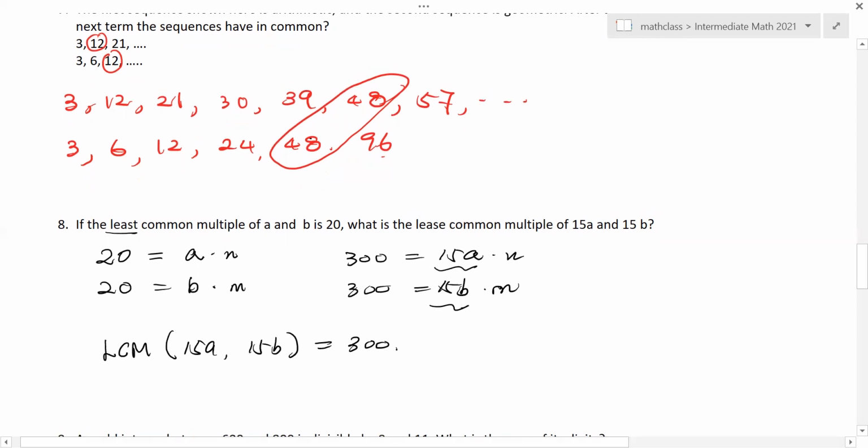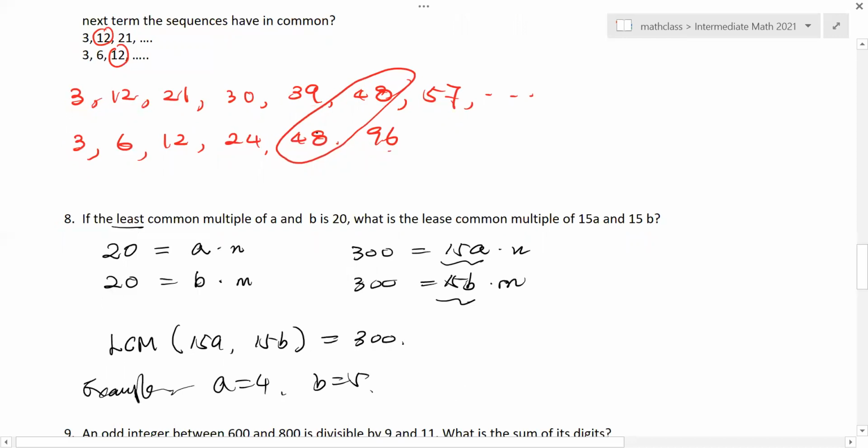Now you can give an example. A could be 4 and B could be 5, for example. The least common multiple of 4 and 5 is 4 times 5, which is 20.